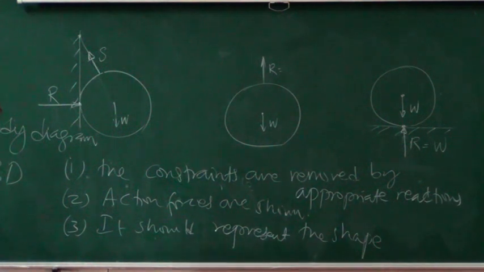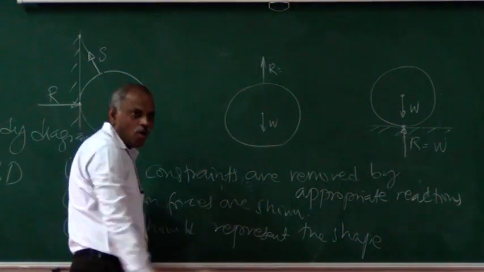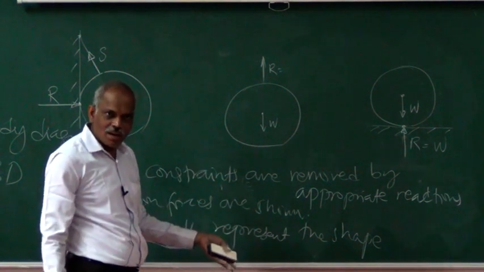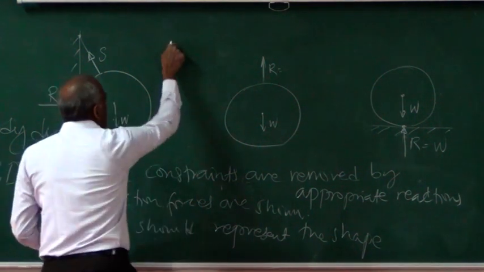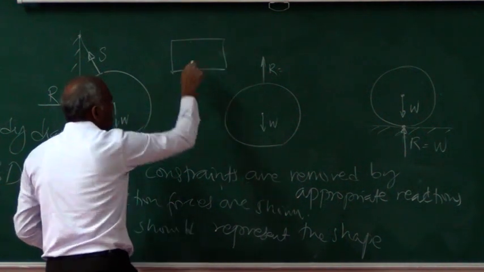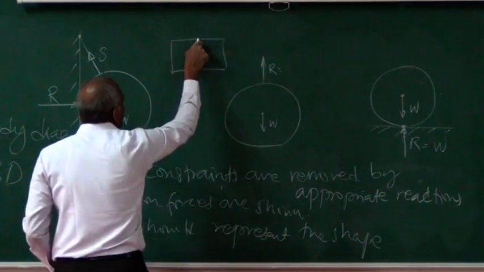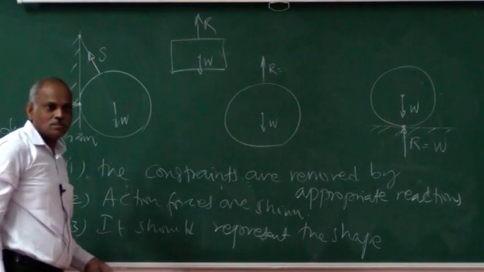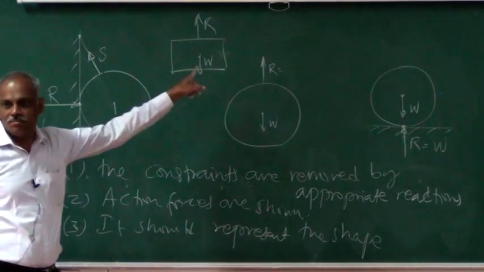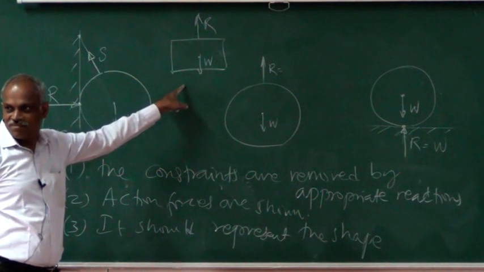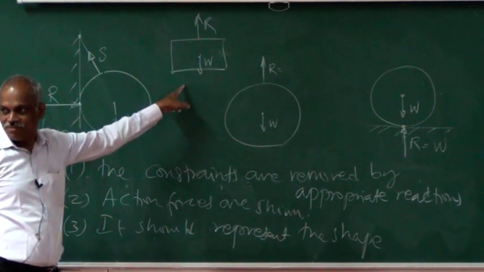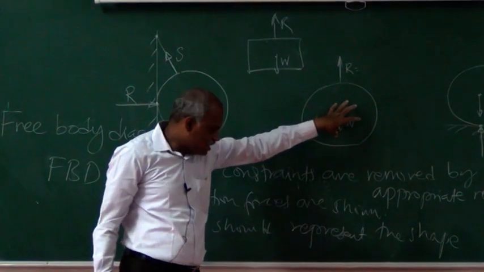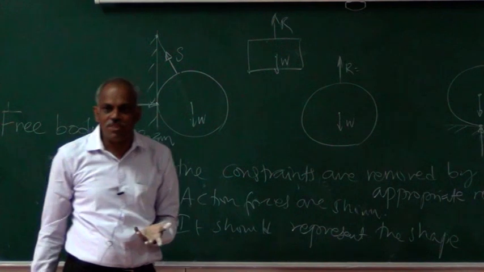If I have a ball hanging using a string and I want to draw its free body diagram, I should not just say consider this as a ball, this is the reaction, this is W. No, it should represent the general shape.